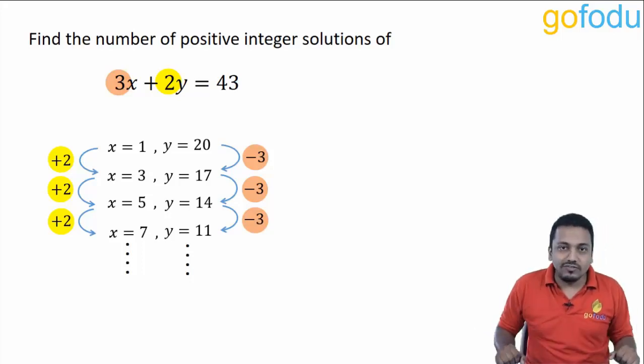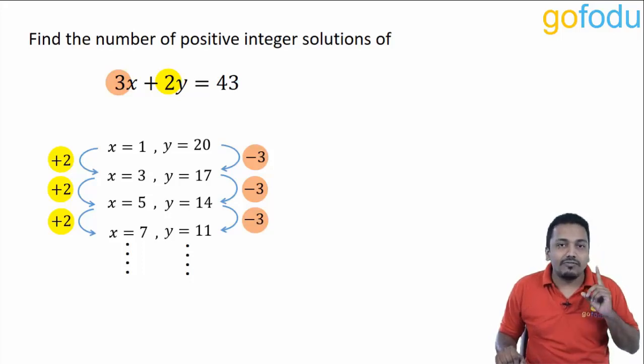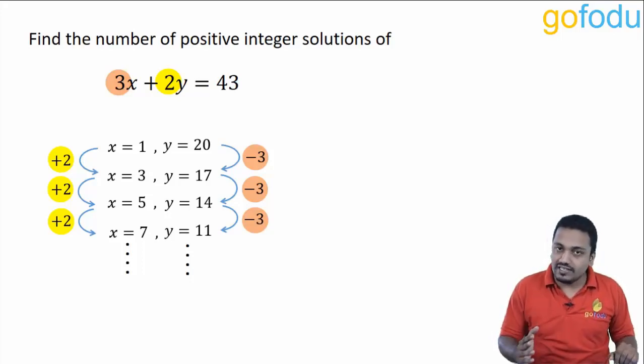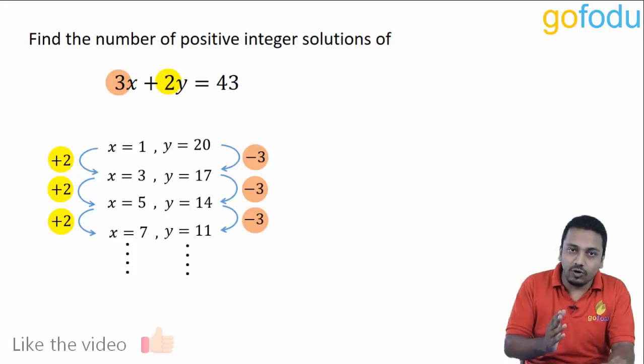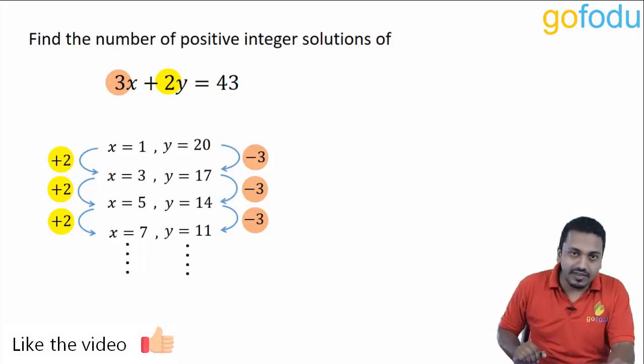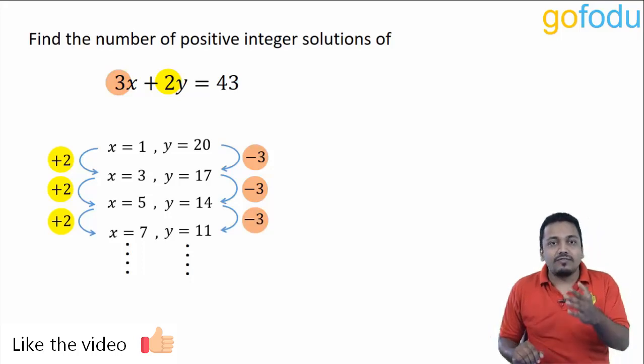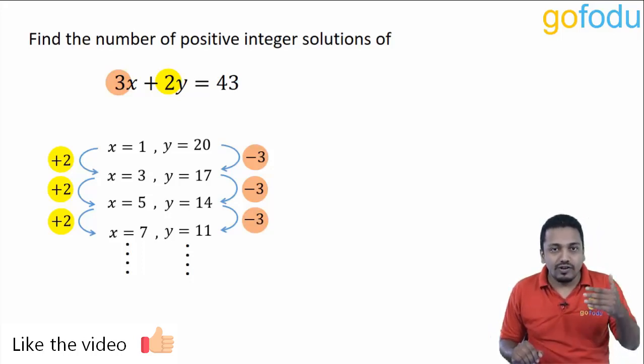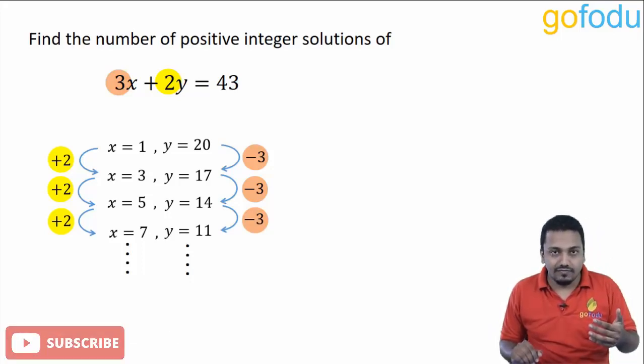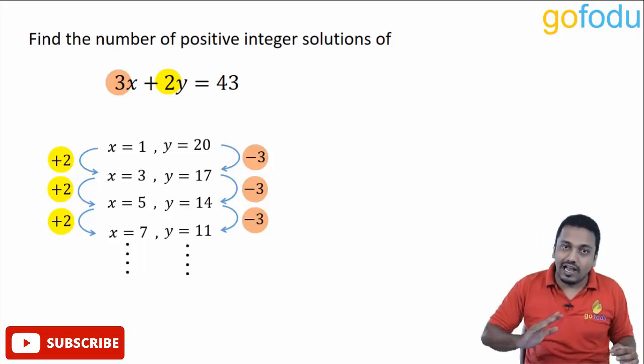Now to count the positive solutions, the limiting factor will be y. For x, the positive integral values will go on from 1, 3, 5, 7 up till infinity. But for y, we have decreasing values. So we'll worry about y only. Values of y less than or equal to 0 will have to be rejected.